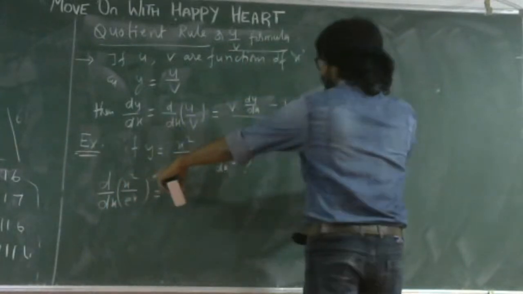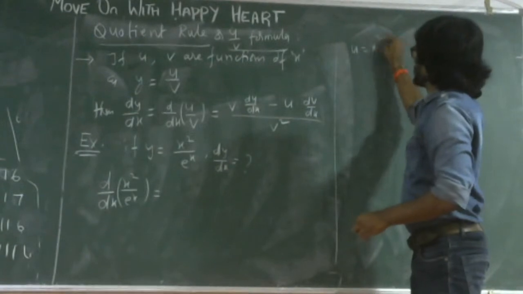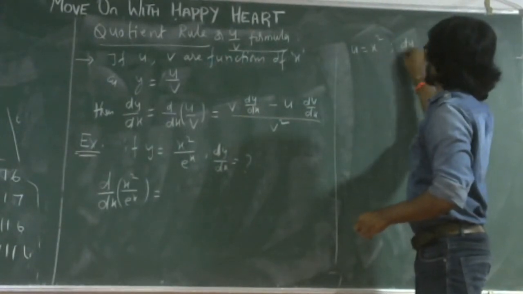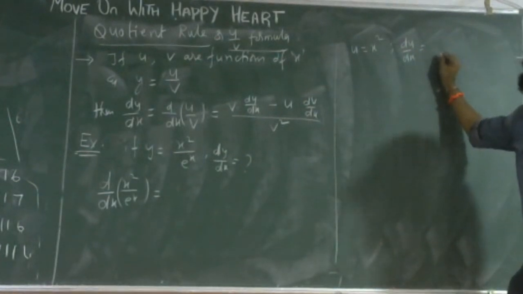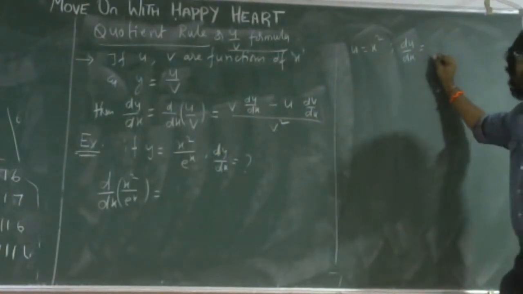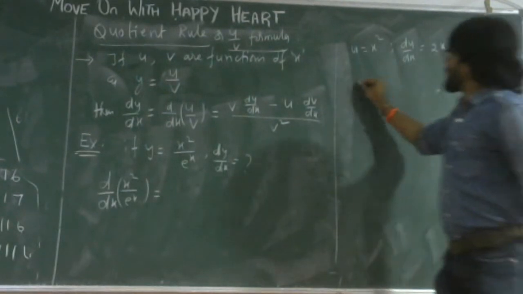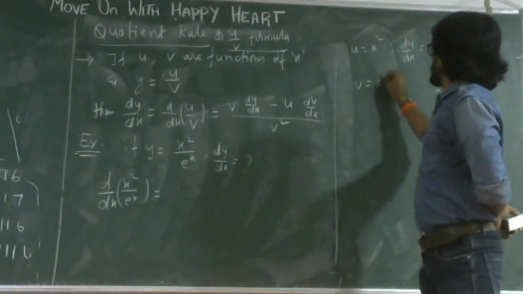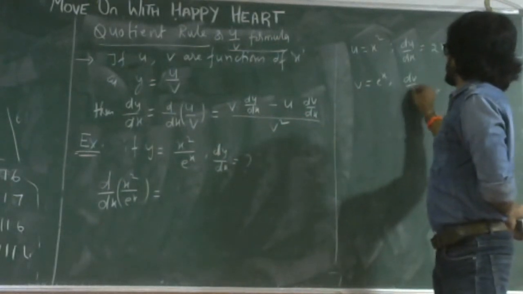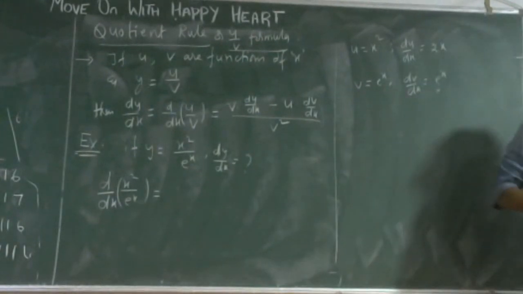Let us take u equal to x square. Then du by dx is 2x, by using the power rule or differentiation of a polynomial function. And v is equal to e power x, so dv by dx is also e power x only. Differentiation of the exponential function gives the same function.